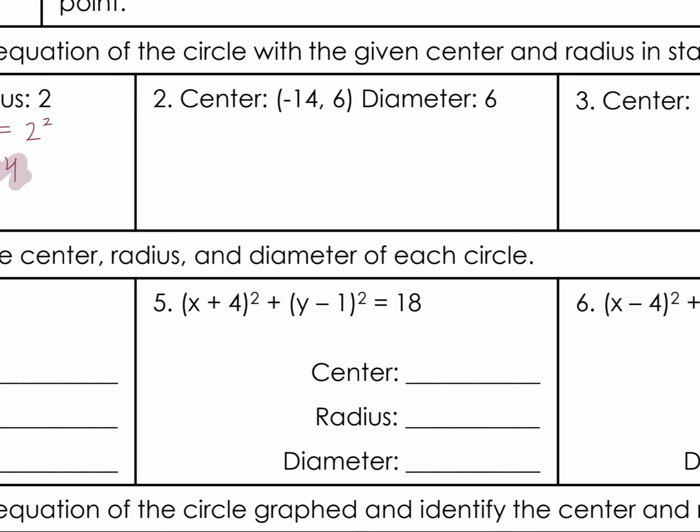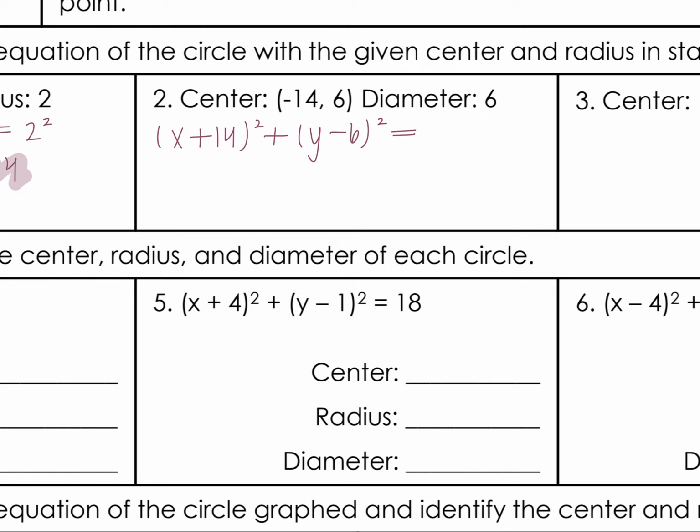So for number 2 here, we are going to plug in, we've got our x plus 14, because like I said, we're just going to change that sign. And then we'll have our y minus 6 is going to be equal to our radius squared.